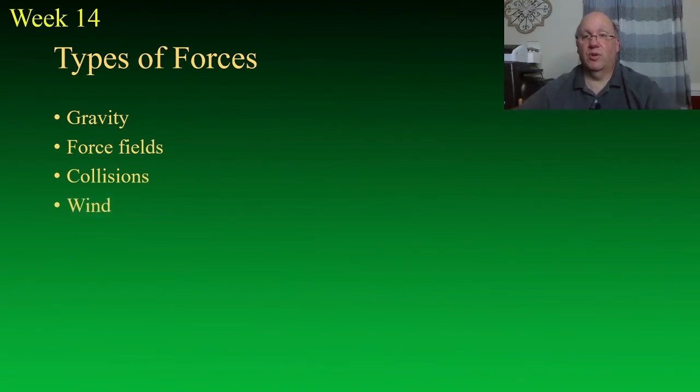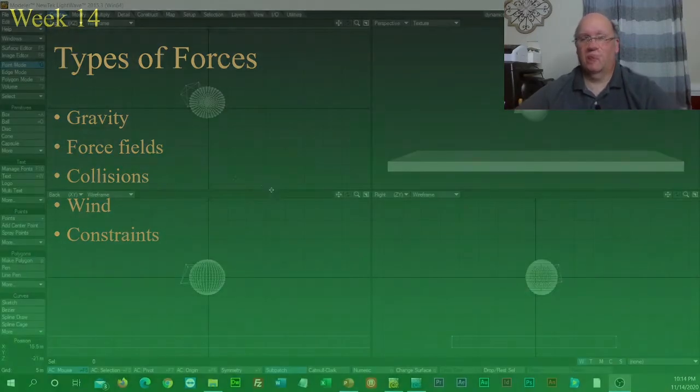Wind is where you literally create the effect of blowing things. And so we're not going to get into a whole lot of detail there, but just to get you started. And constraints is a new one. This is something that is just sort of coming into my area of expertise, and it has some potential. So we're going to talk about that just a little bit. But at this point, I think this is as far as we really can get this semester.